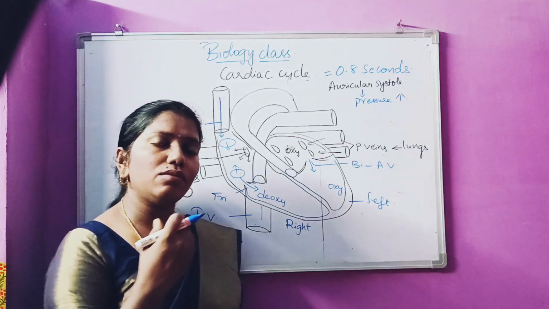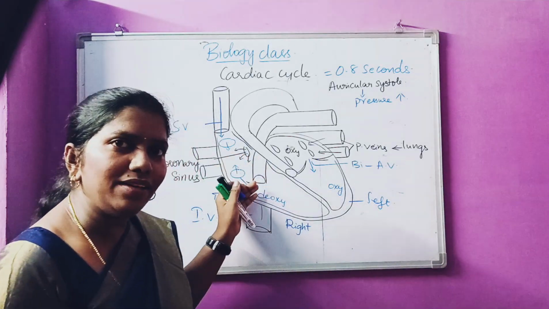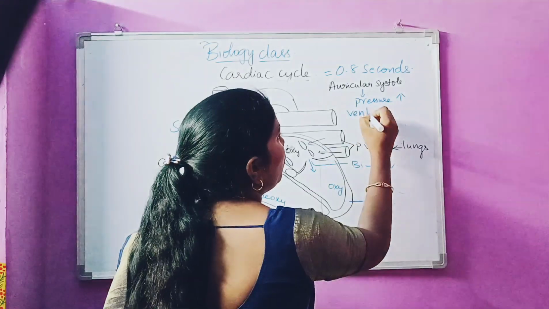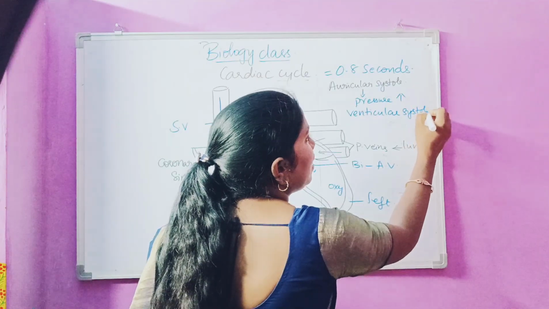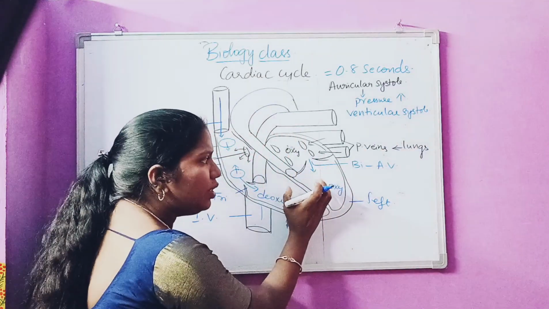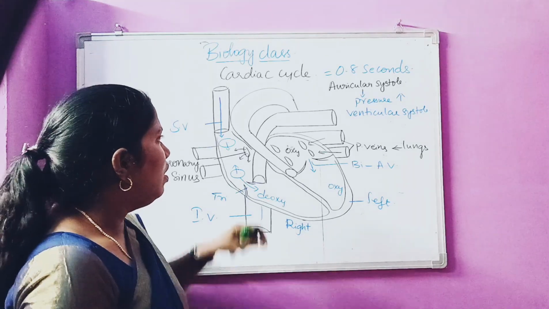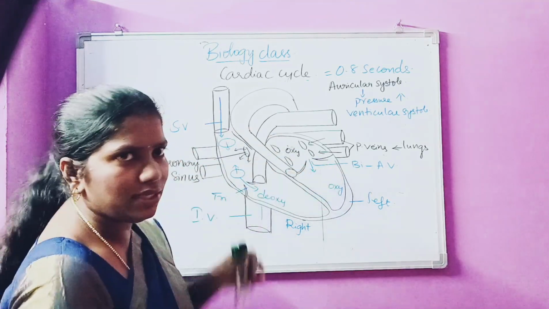Now the ventricles are going to fill the blood which is being poured by the auricles. Let's start with the next step, that is ventricular systole.